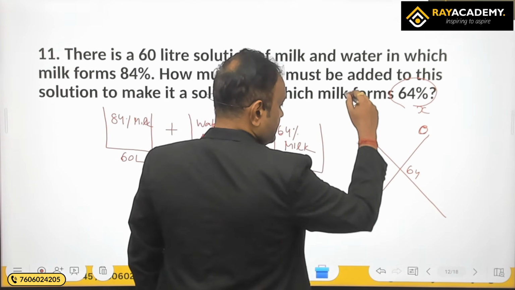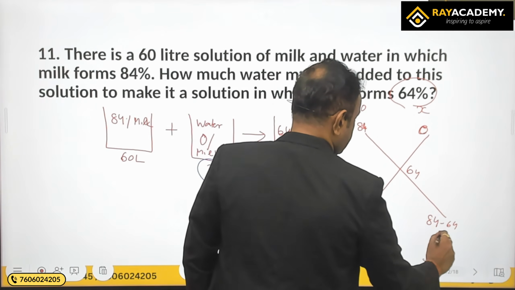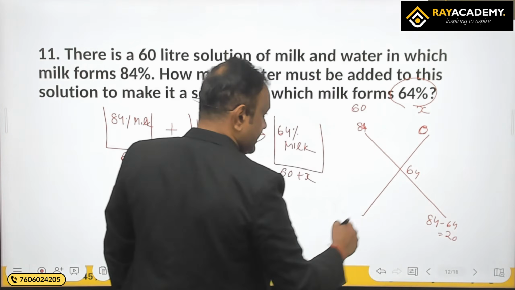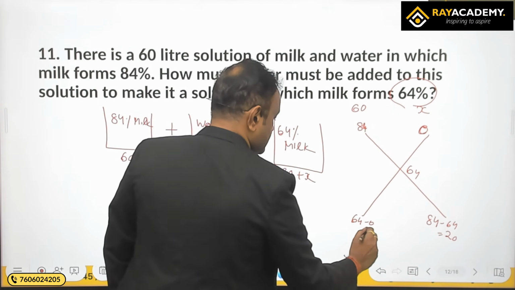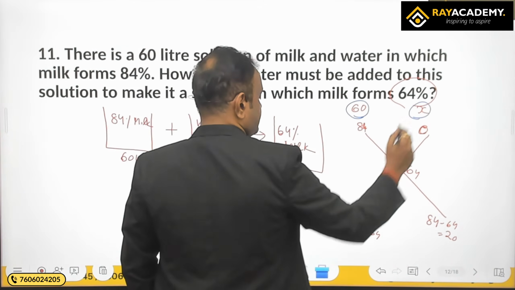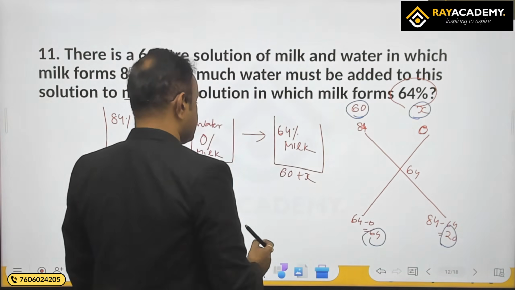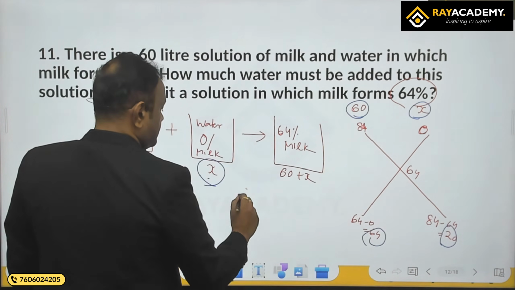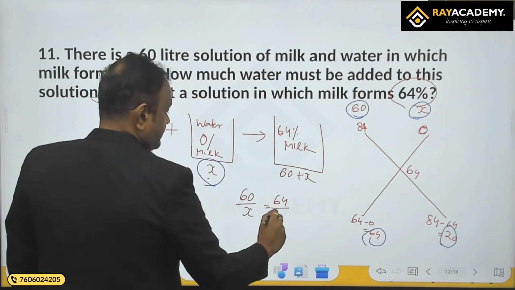Along this line, 84 and 64 differ by 20. Along this line, 0 and 64 differ by 64 minus 0, which is 64. So alligation says 60 divided by x equals 64 divided by 20.